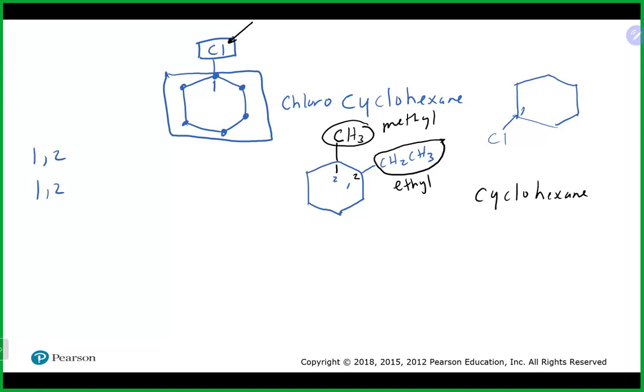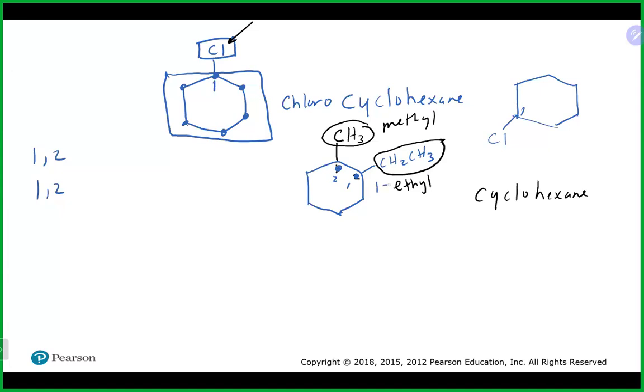So the next most important thing in terms of order is alphabetical, right? And if we were going to put these groups in alphabetical order, which one should come first? The ethyl group should come first, right? E before M. Because E comes before M and there is no difference in terms of the numbers, we would want to give the ethyl group the smaller number.